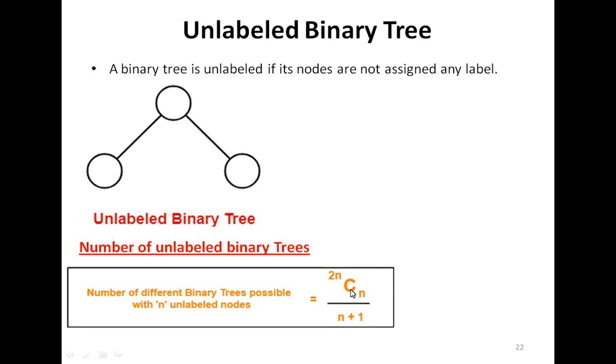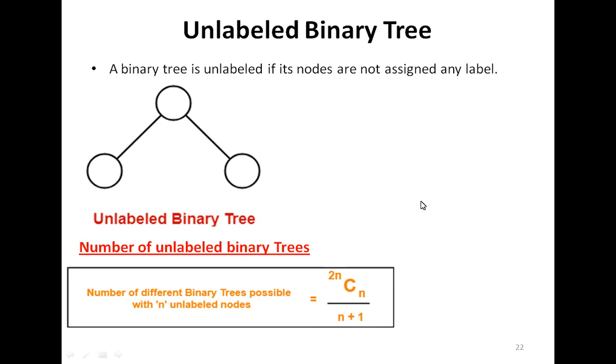So this is a combinatorial, where n is the total number of unlabeled nodes in the binary tree.